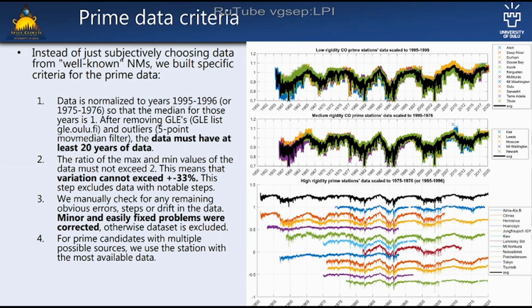And for each cutoff bin, there's the low one under 1.75, then 1.75 to 2.75, and for higher cutoff stations, we just compare to the closest cutoff stations, because it's too large to make an average.